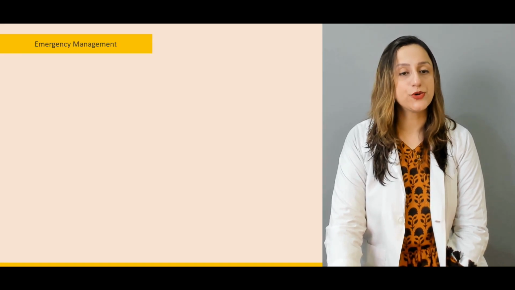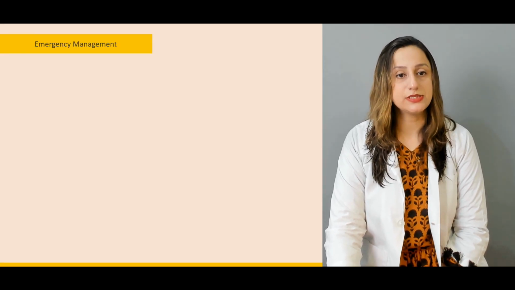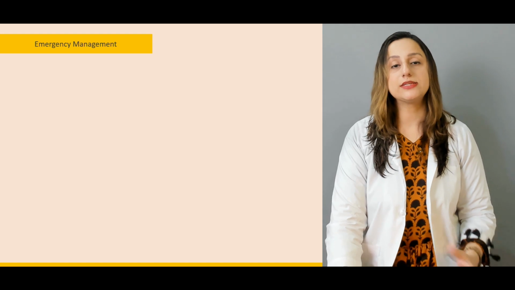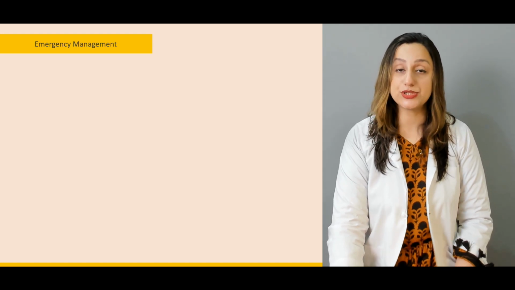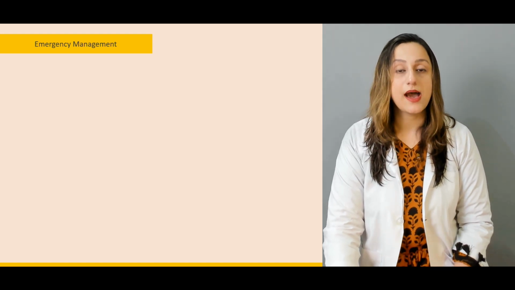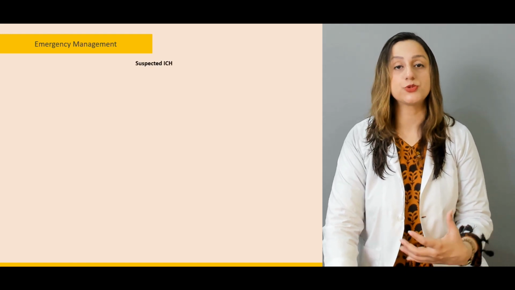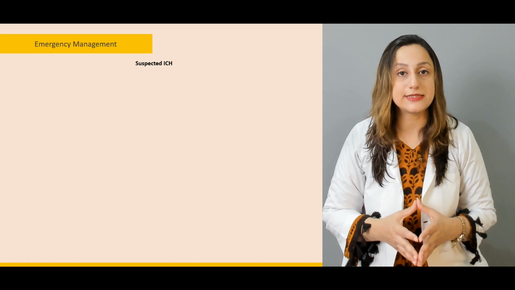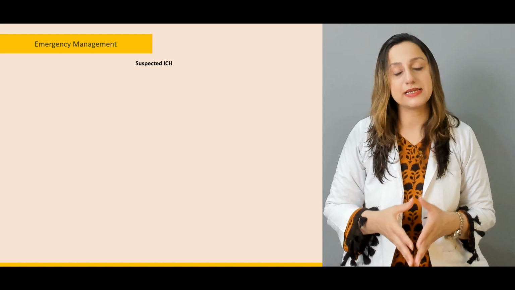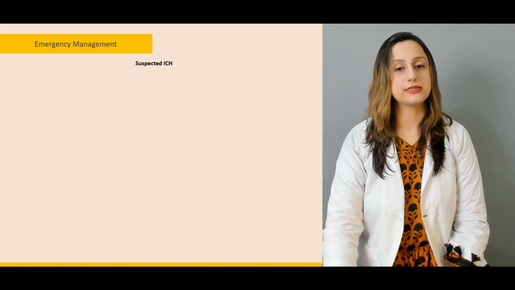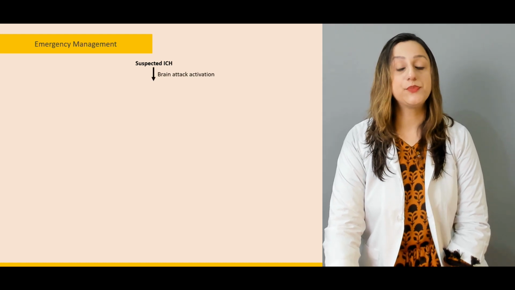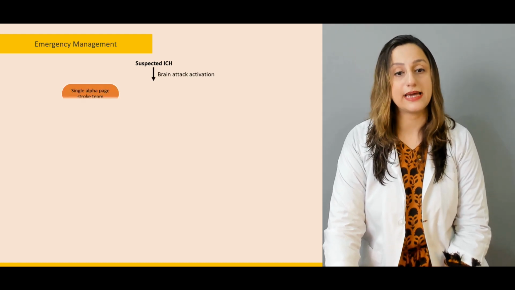So this is how you're going to carry out your investigations, and obviously once you have these patients in your emergency departments, you must know how to go through these patients and how to start off managing them. If you suspect any intracranial hemorrhage in a patient, the brain attack activation has started off.